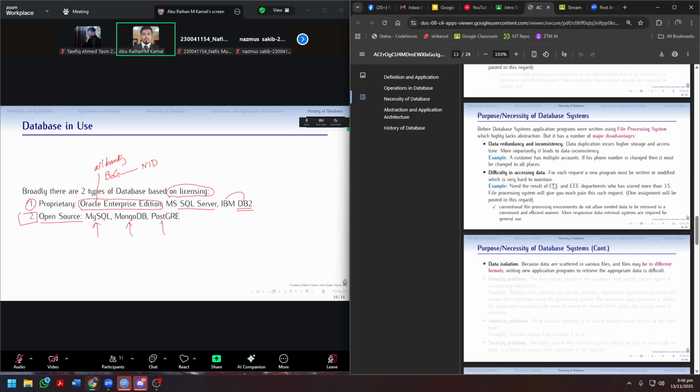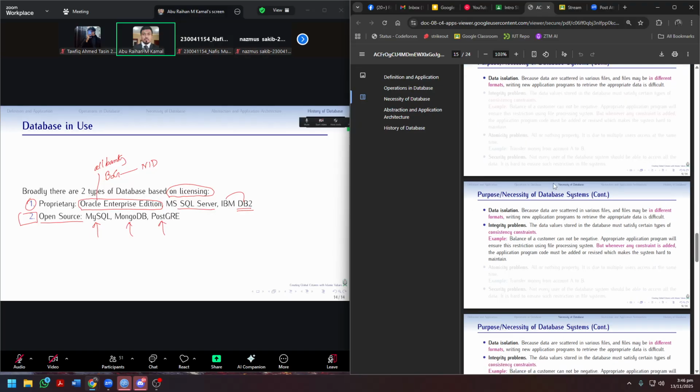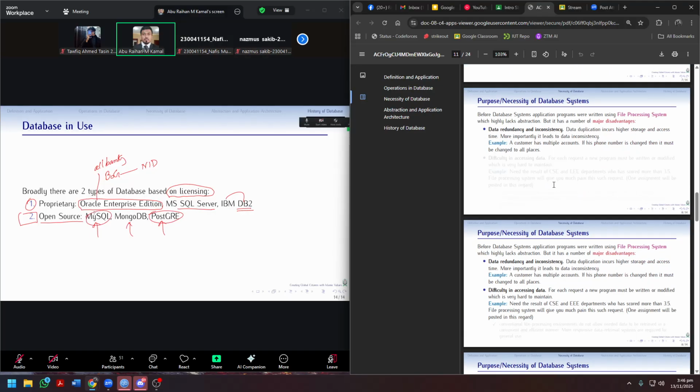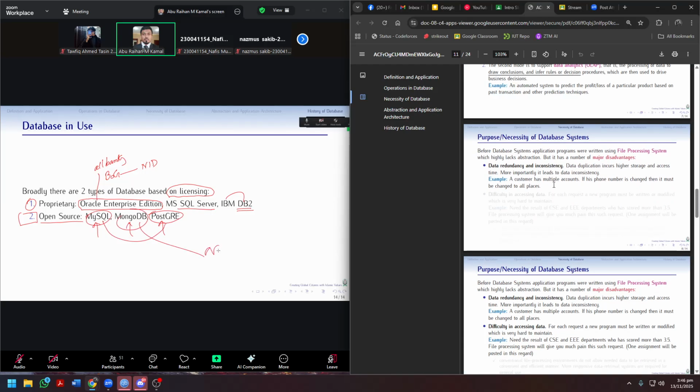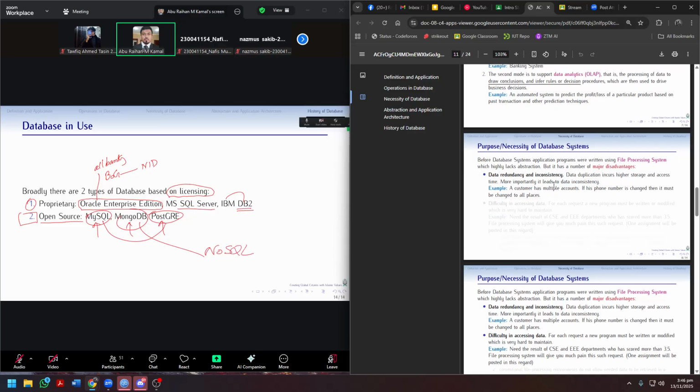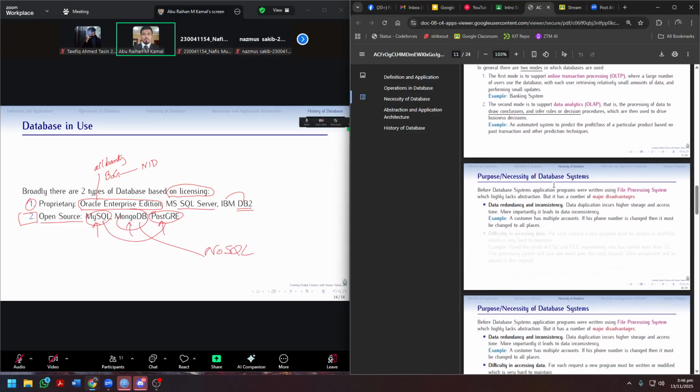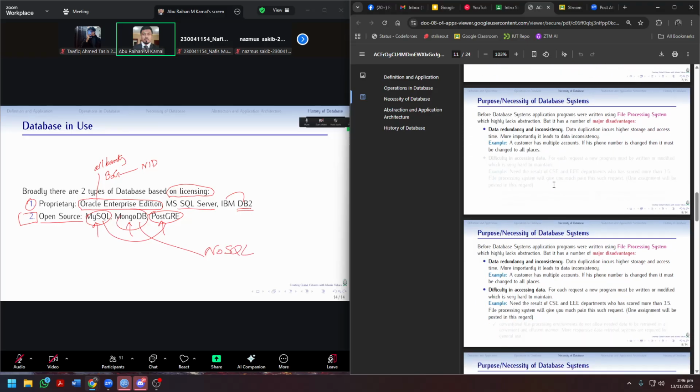And the relational one is PostgreSQL. So out of these three, these two are in the same group. This is a bit different, NoSQL, but all three are open source databases. That means you can readily use them without any licensing or spending anything on it.